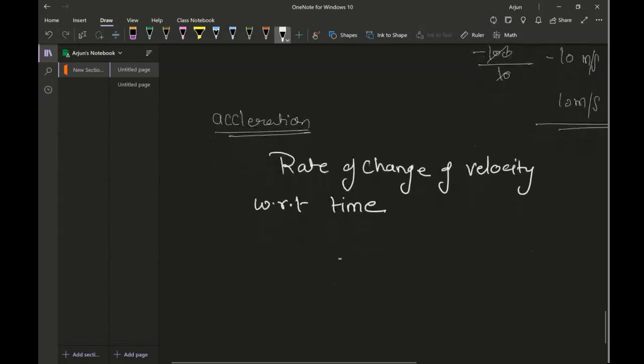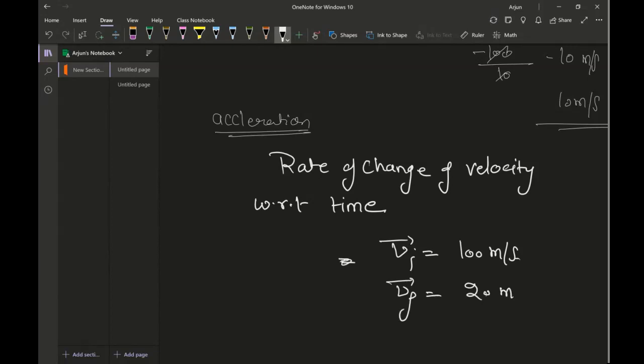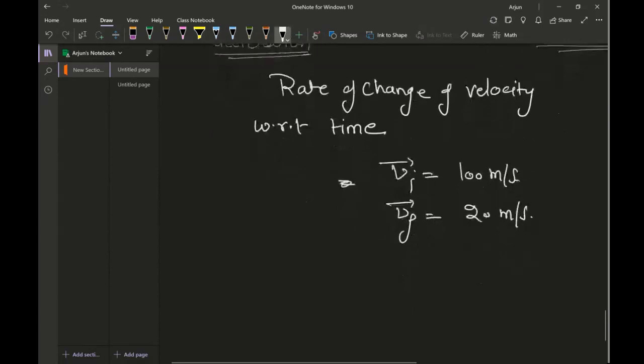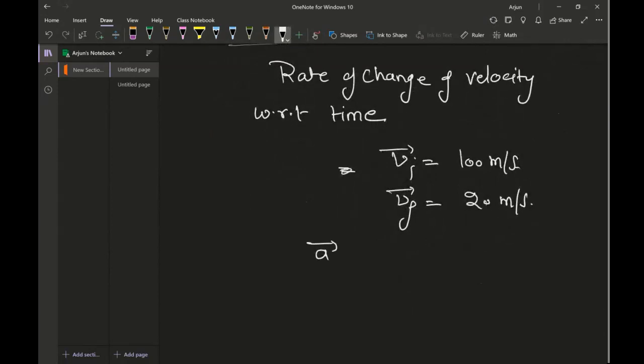That is acceleration. For example, if a car is moving with the initial velocity of 100 meters per second and final velocity is 20 meters per second, we want to find the acceleration. And this is east, this is also east.